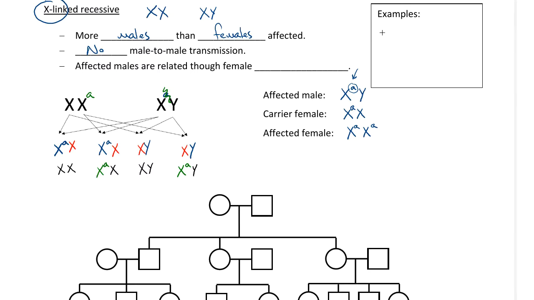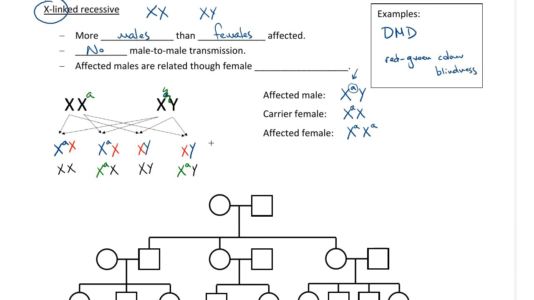Examples of X-linked recessive conditions in humans include Duchenne's muscular dystrophy, which is a progressive condition in which the muscle fibers degenerate, resulting in muscle weakness, and red-green color blindness, in which individuals have difficulty distinguishing red and green. Both of these are much more common in males than females.